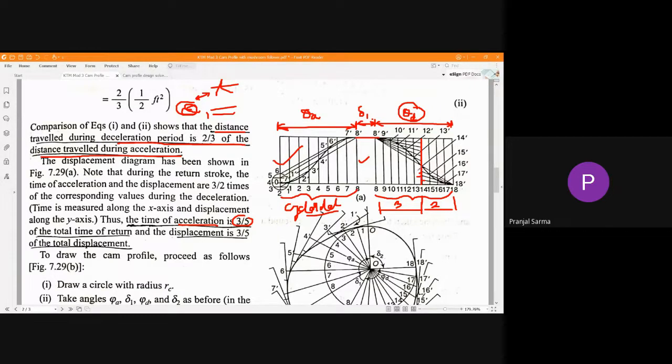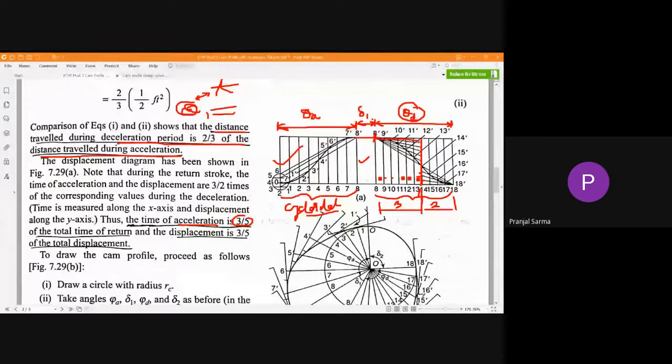Okay, the trace is somewhat similar. Here we have made 1, 2, 3, 4, 5, 6, 7, 8, 9, 10 divisions. This is the uniform acceleration case, because right now the follower is here. Then, considering this particular line, we divide from this side.